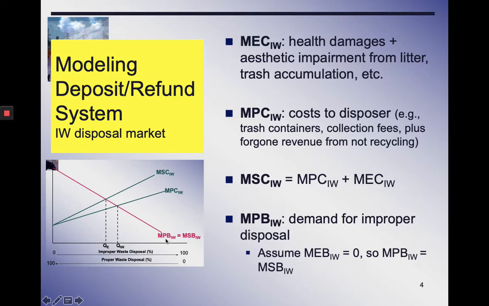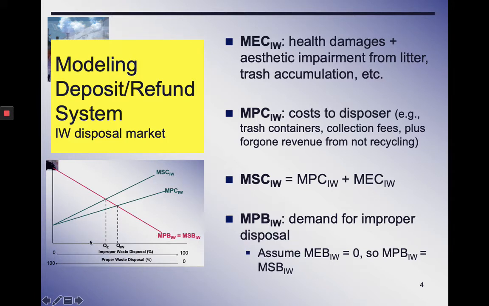Actually, if you dispose your waste improperly, there is also benefit of it. The benefit is you don't have to go to the recycling center. If you just throw your rubbish improperly, there is benefit to it also for you. But there is also cost to it.